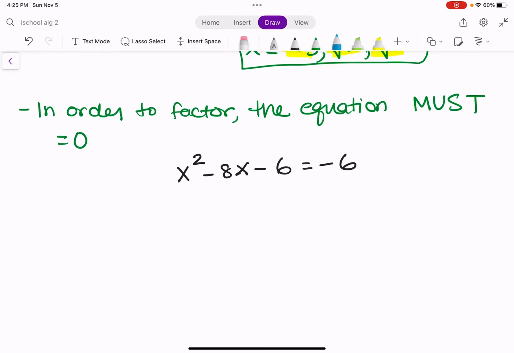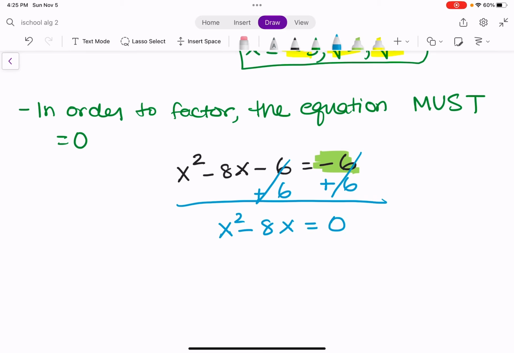So this equation doesn't equal 0. But the way that I can make it equal 0 is I got to move everything to one side. So I'm going to move this negative 6 to the other side. The opposite of negative 6 is positive 6. I'm going to put it wherever I can combine, so over here. And these cancel out, and actually these cancel out too. So I'm left with x squared minus 8x equals 0.